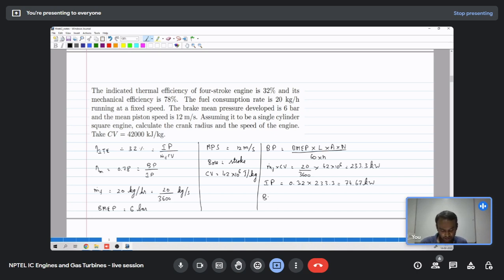Now using mechanical efficiency, brake power is 0.78 of indicated power. So we have 0.78 into indicated power, which is 74.67. So this turns out to be 58.24 kilowatt.